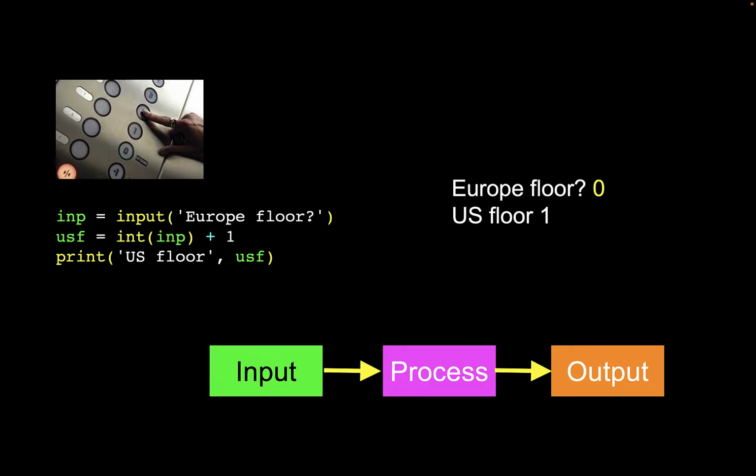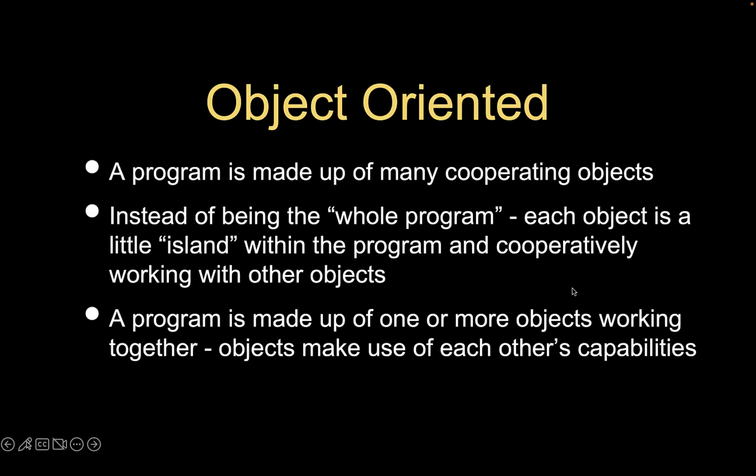And there are a number of objects here. Most notable are the objects that are pointed to by INP and USF. Okay. So in Python and in any other object-oriented language, a program is made up of many cooperating objects.